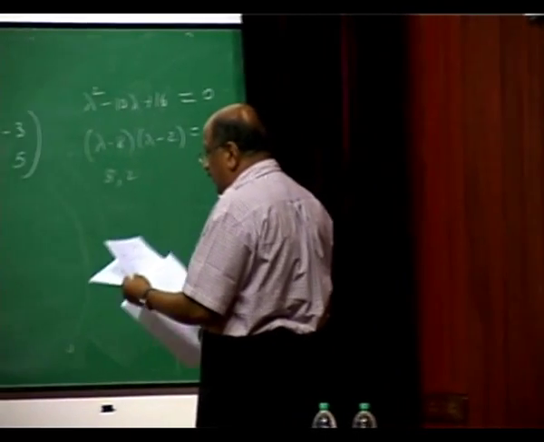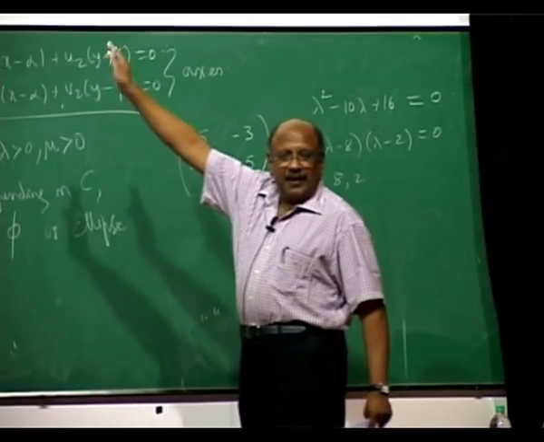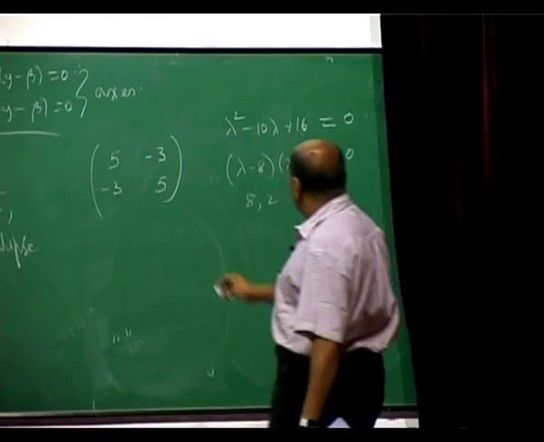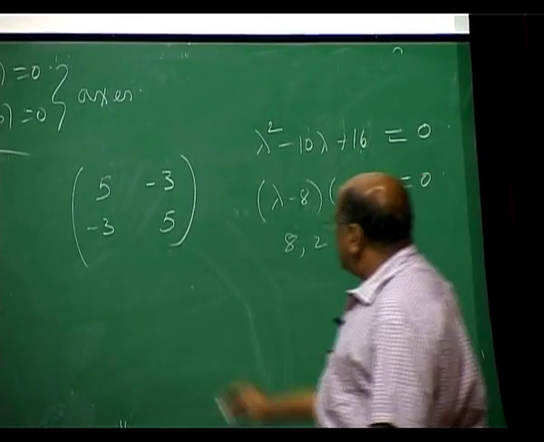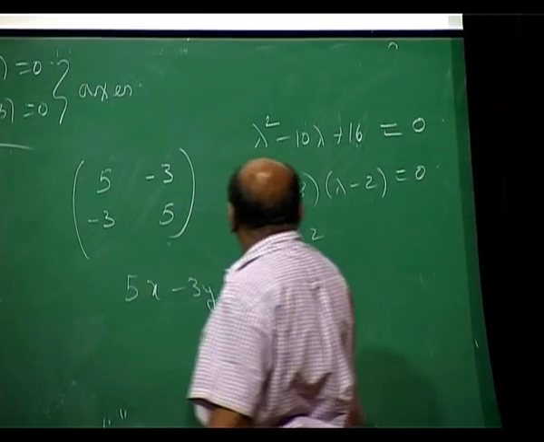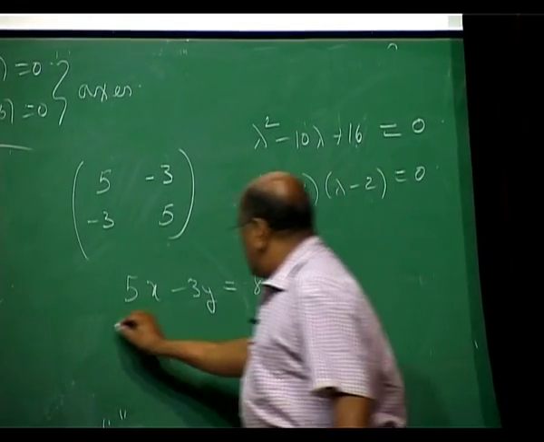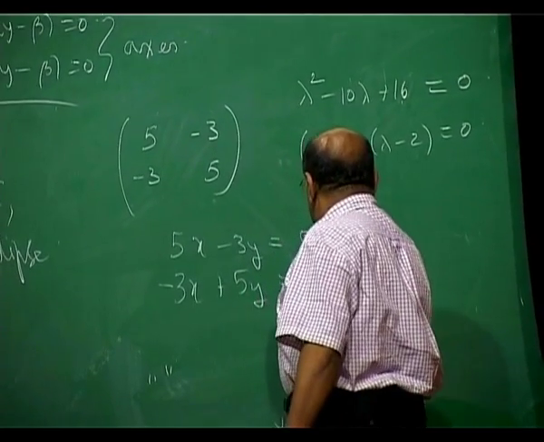So now we have to look at the eigenvectors. For the eigenvectors, again this 8 doesn't play any role, so I will just look at the eigenvectors of this matrix. So lambda equals 8 and lambda equals 2, I must find the eigenvectors. So I must solve 5x minus 3y equals lambda times x, which is 8x, and minus 3x plus 5y equals 8y.